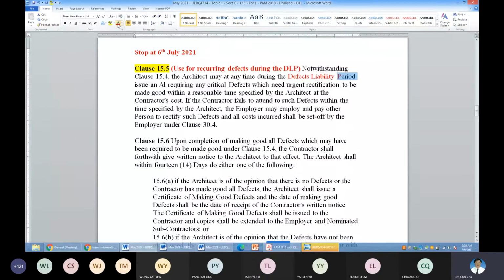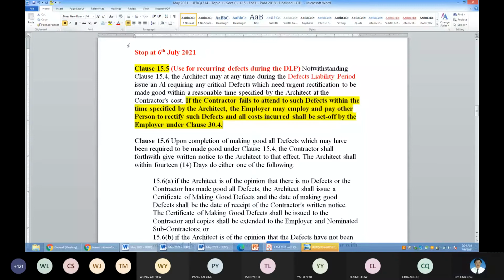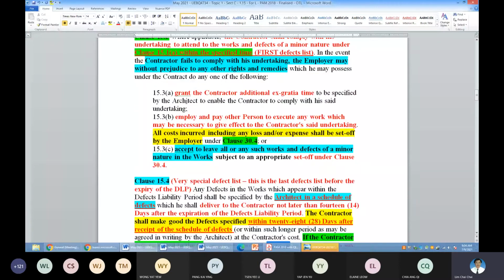As usual, if the contractor failed to complete, then the options available for the employer will be equivalent to clause 15.3 A, B, or C again. Give the contractor more time, or engage another person and charge it to the contractor, or leave it and then set off under clause 30.4.